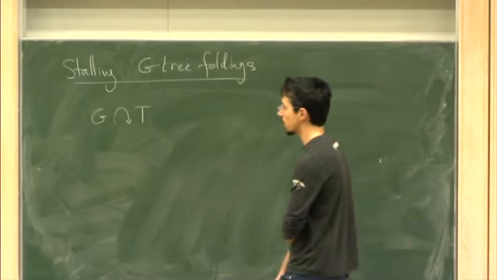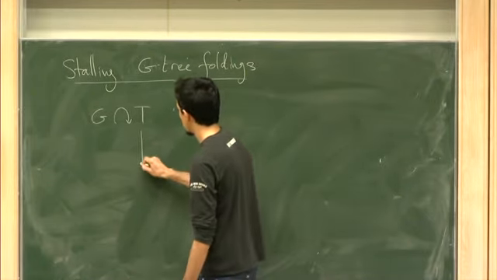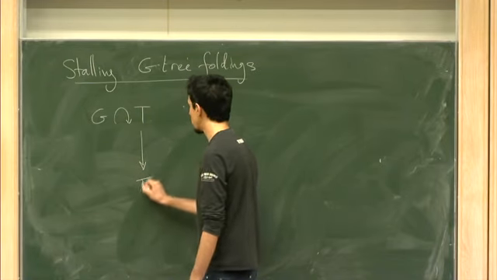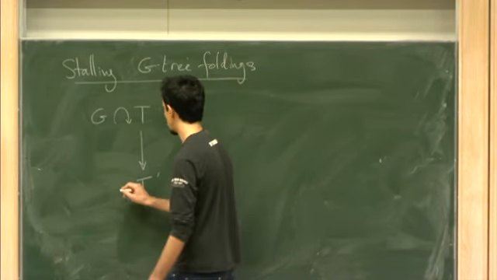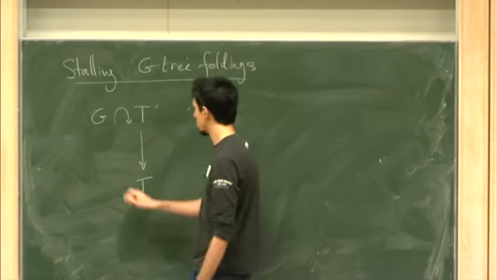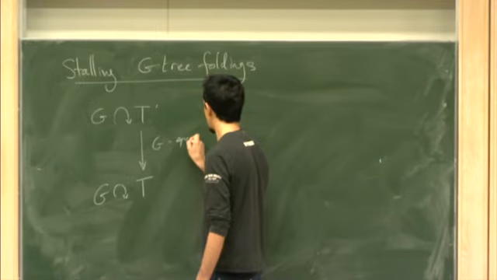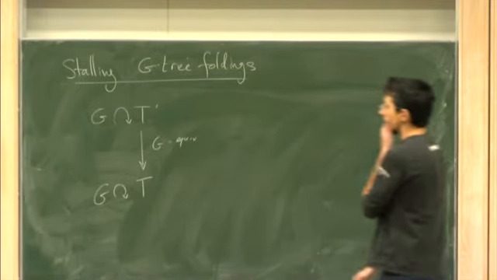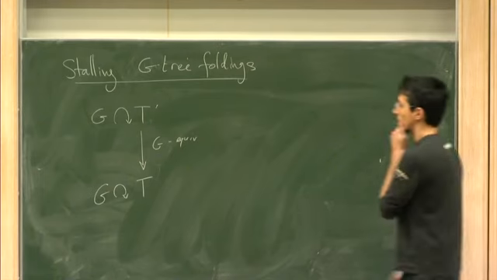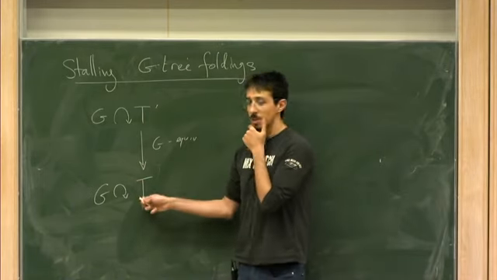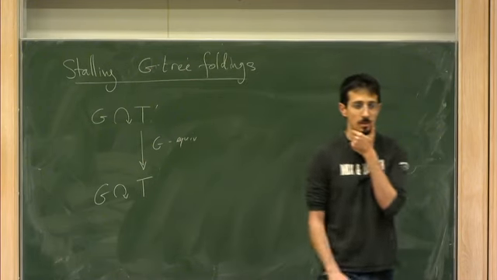And let's assume we are in the scenario where this tree maps equivariantly to a different tree on which G acts. Maybe let me put the prime here. And let's assume that we understand this action better than this one, and we want to understand this action. Okay?